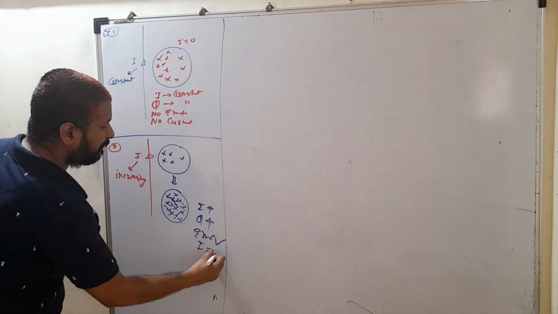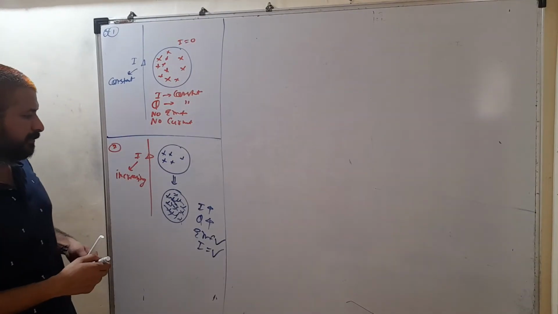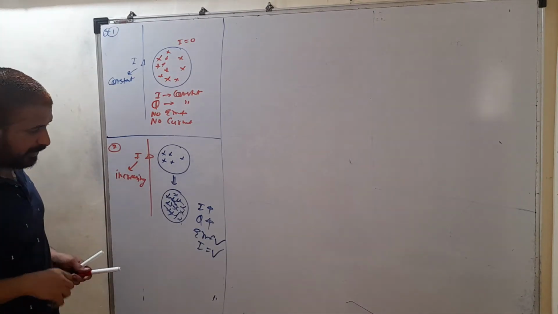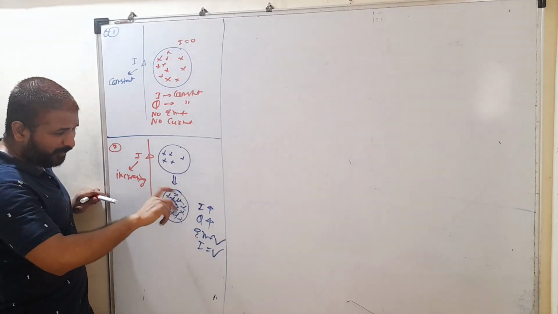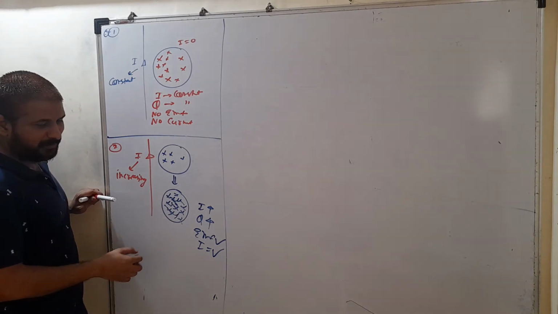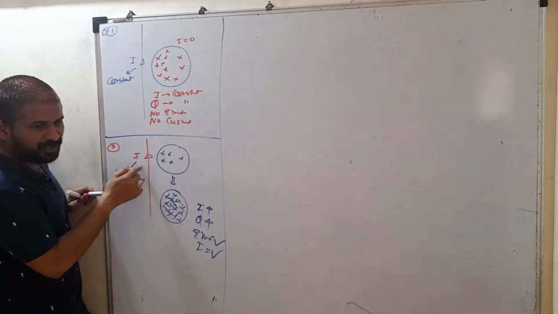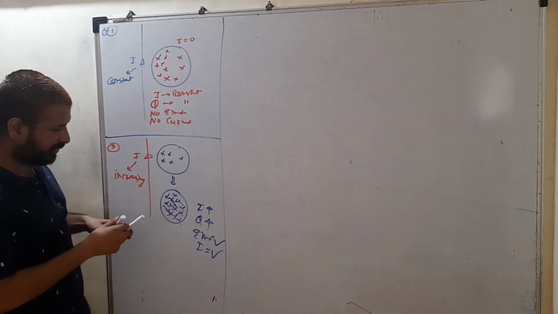So current is developed. Now you have to find the direction of current. In which direction is current developed? Clockwise or anti-clockwise? Suppose the current is clockwise, then that clockwise current is going to increase the inward lines, na? Because the change that is happening is that inward lines are increasing because of this external change. हाँ, it is going to oppose.